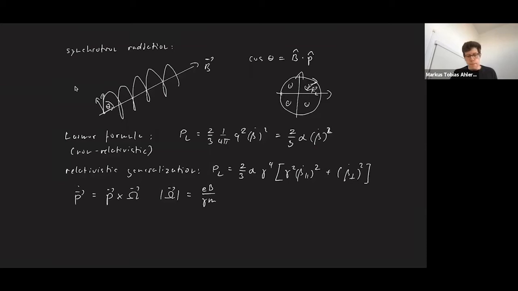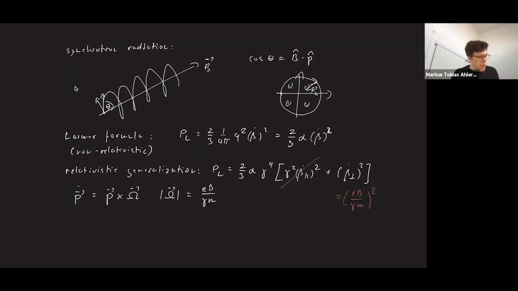Of course, the acceleration of particles here will only happen in the direction orthogonal to the 3-momentum of the particle. So there's no acceleration of the particle with a static magnetic field. The acceleration can only happen in the orthogonal direction to the motion. So that means for the synchrotron emission, the parallel acceleration is of course equal to 0. And the second term will be simply eB over gamma m squared.